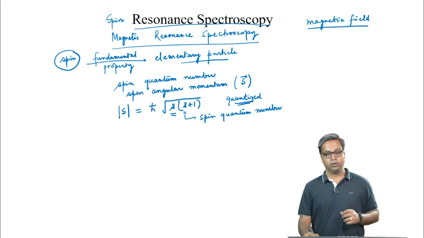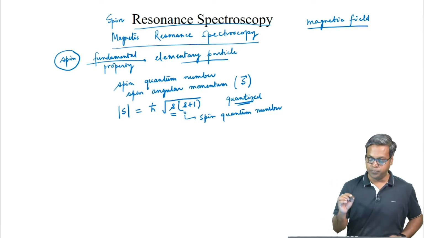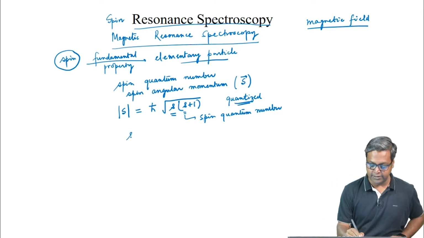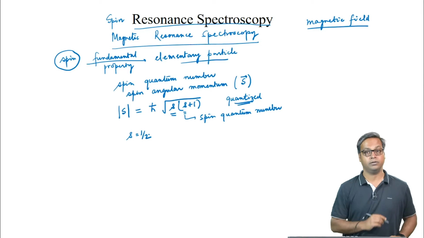So, for an electron, the value of the spin quantum number, that is s, equals half.